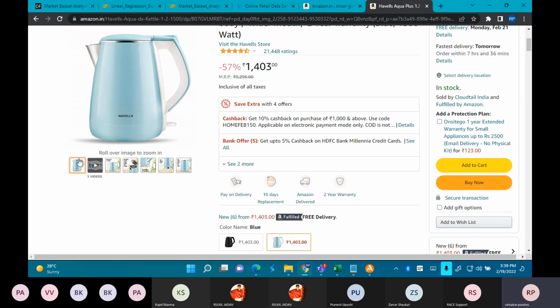I'm not sure what the linkages are, but they have formed trends where these things are related to each other. So that's how market basket analysis really comes in. When you're looking at the movies and all of that, what do you think? How do they make the recommendations?